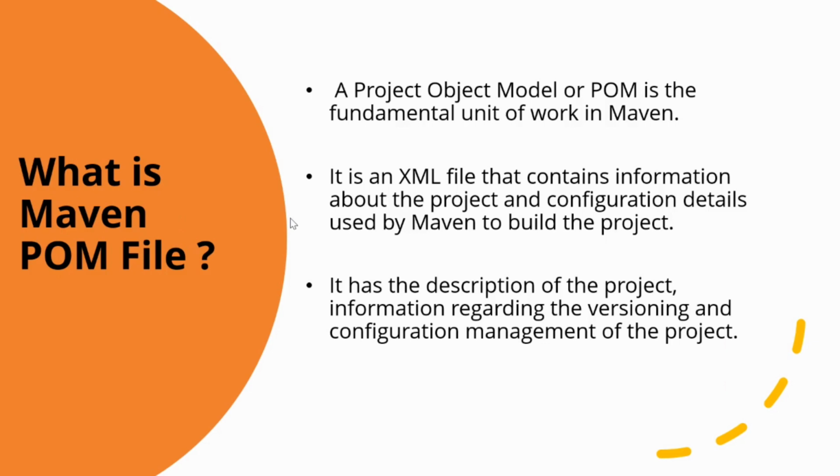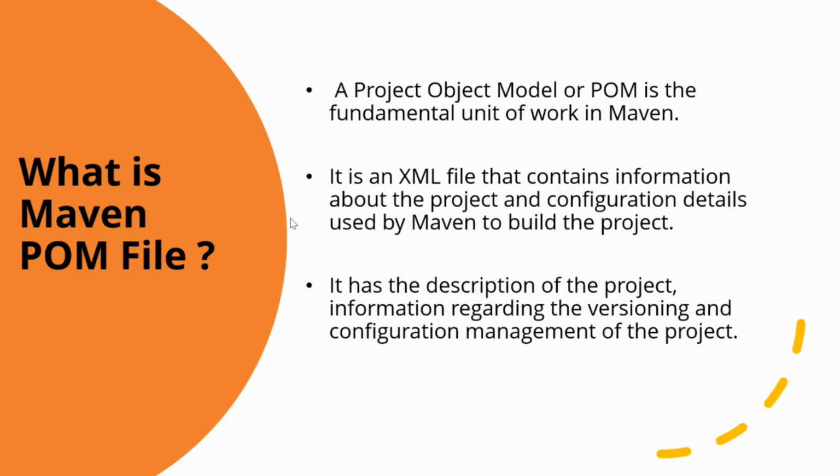Now comes what is Maven POM file? Project Object Model, POM. It refers to the XML file with all the information regarding project and configuration details. So, a project object model or POM is the fundamental unit of work in Maven. It is an XML file that contains the information about the project and configuration details used by Maven to build the project.